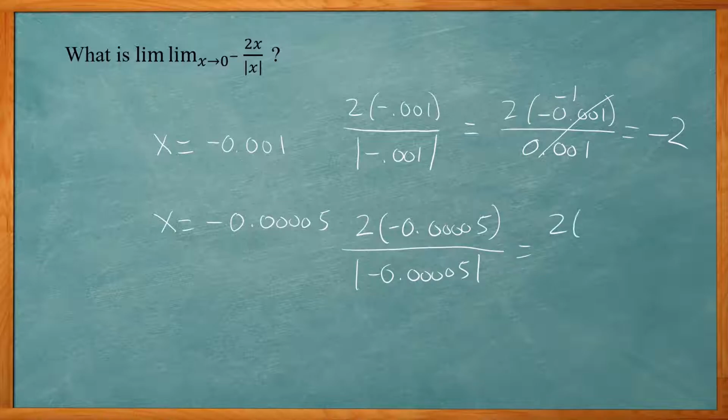Again, that's going to give you 2 times negative 0.00005, and the absolute value of that is going to be a positive 0.00005. Again, this is going to cancel out, give you negative 1. And 2 times negative 1 is negative 2. So our limit here as x approaches 0 from the left side is going to be negative 2.